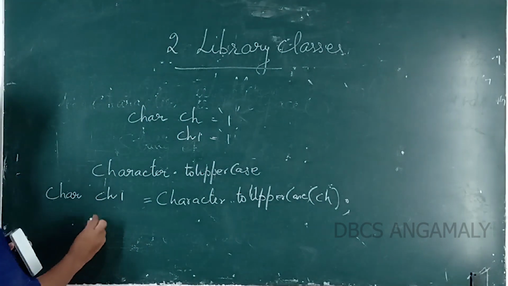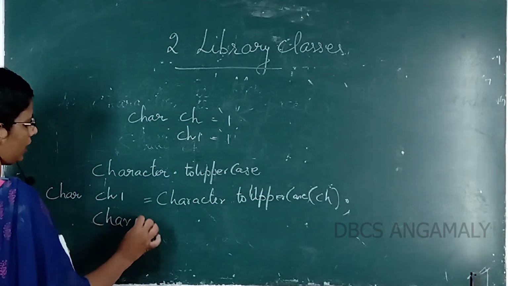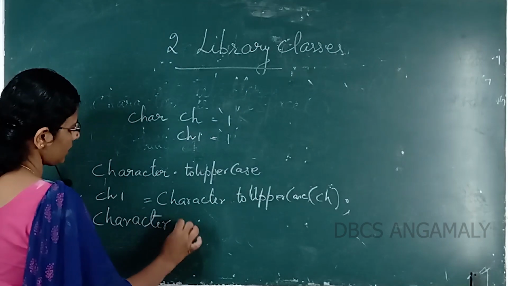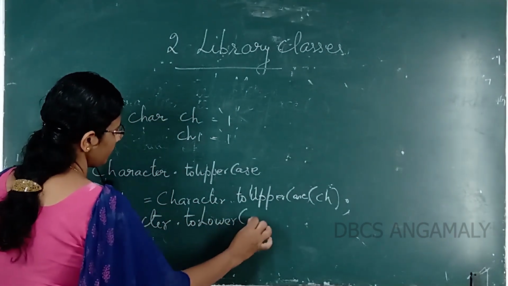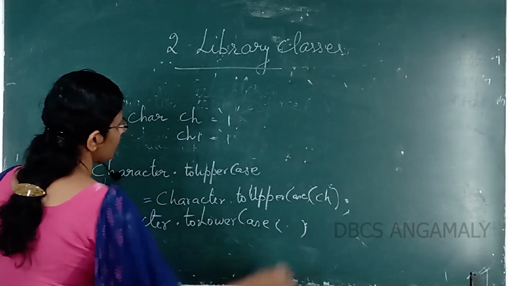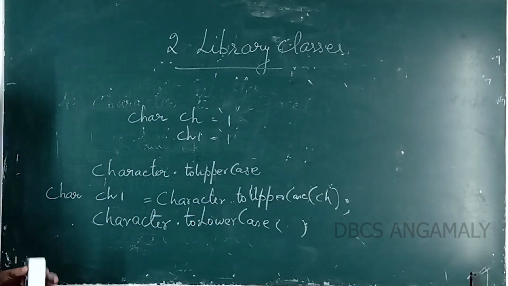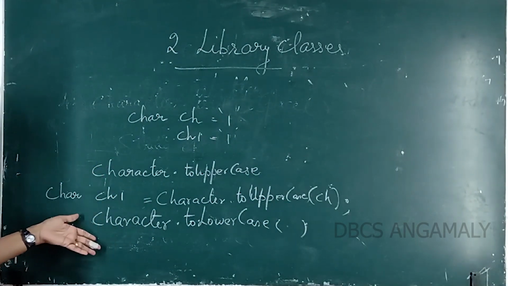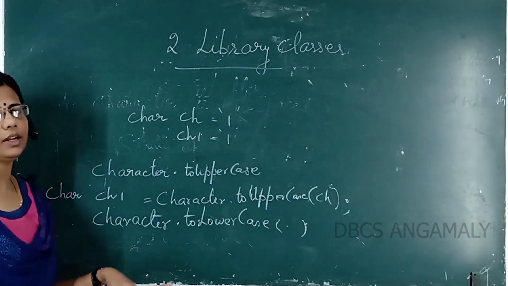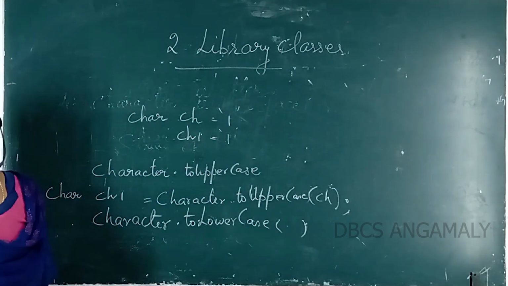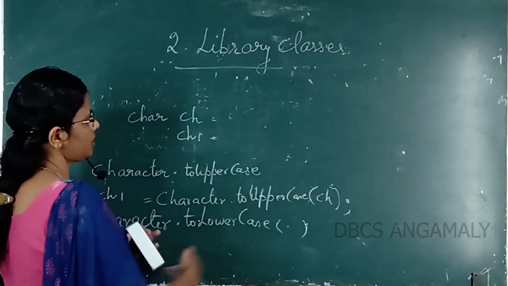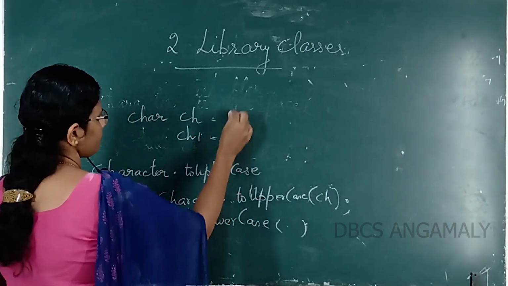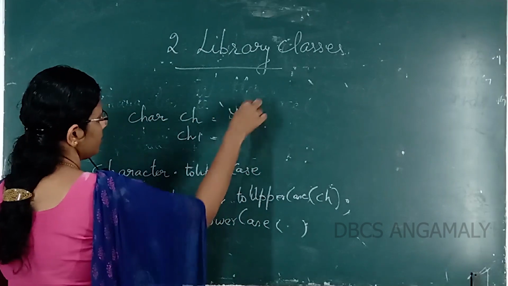Similar function we have for converting it into lowercase. It is Character.toLowerCase. In Character.toLowerCase, what it does, the reverse of the earlier function, it converts whatever is there in capital letter into small letter. For example, if I have char ch = capital Y, right?